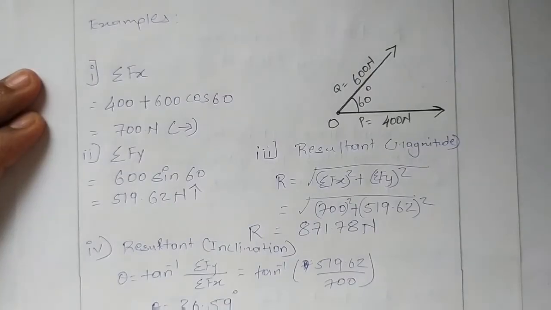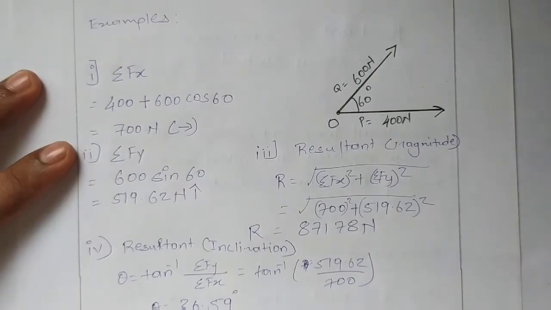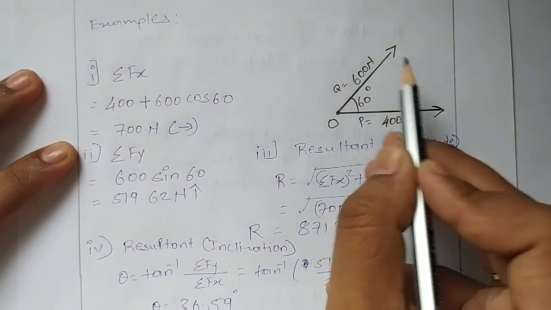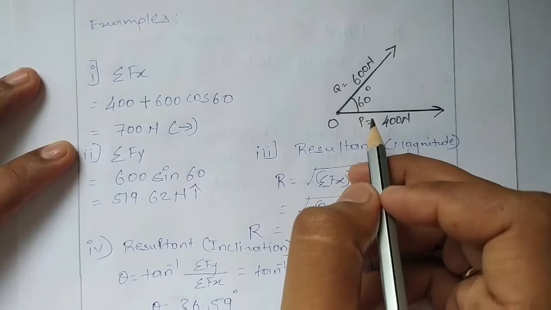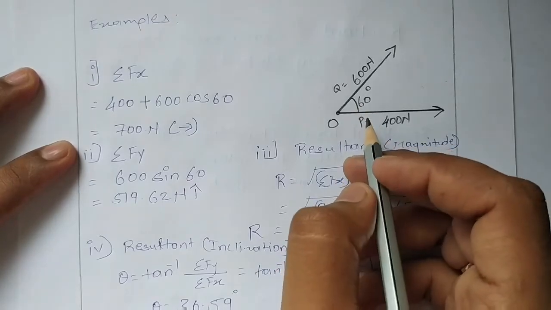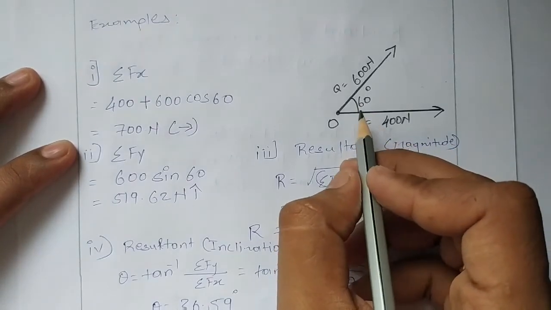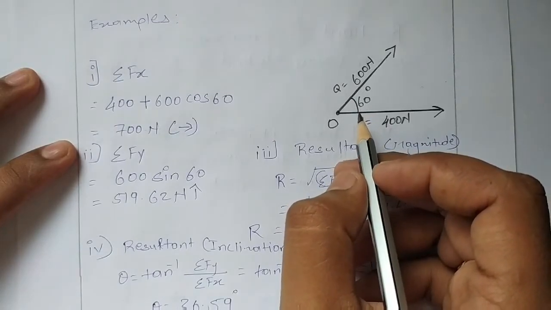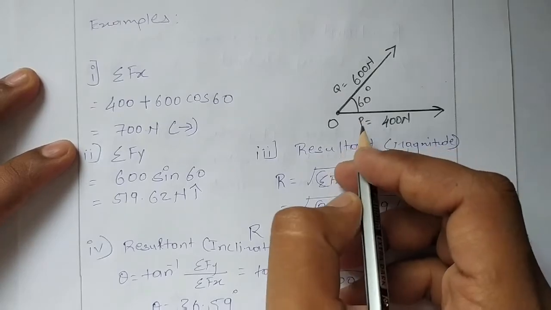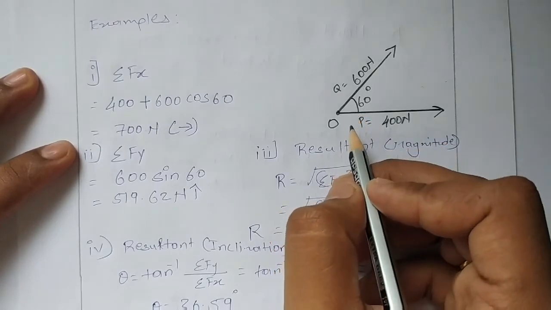In order to understand it, we will see a very small and simple example. Consider a concurrent force system having only two forces. I told you in the beginning, if there are only two forces, it can be very conveniently calculated using the parallelogram law or triangle law, but here we will be using the method of resolution.